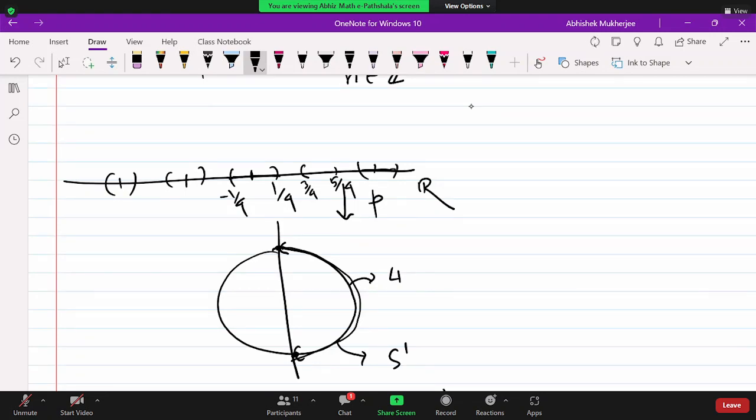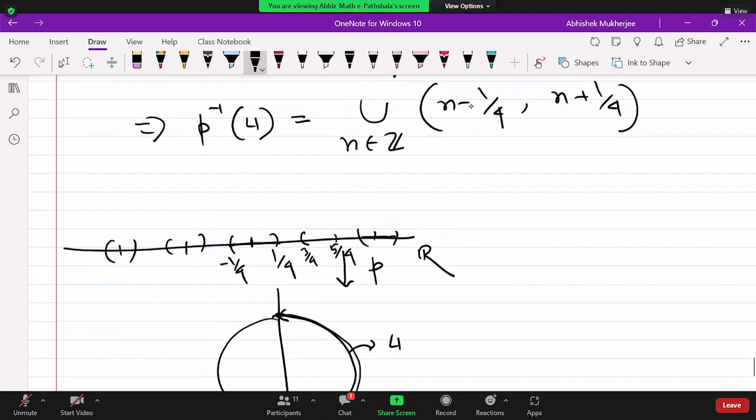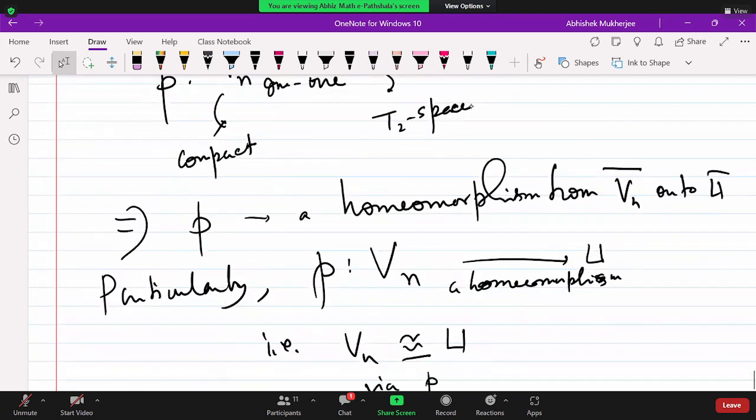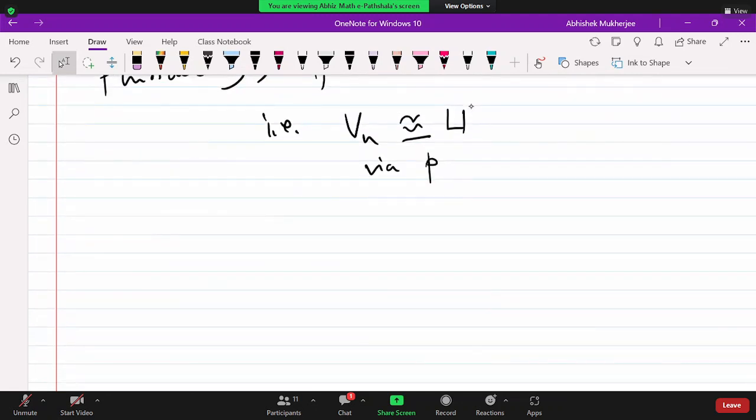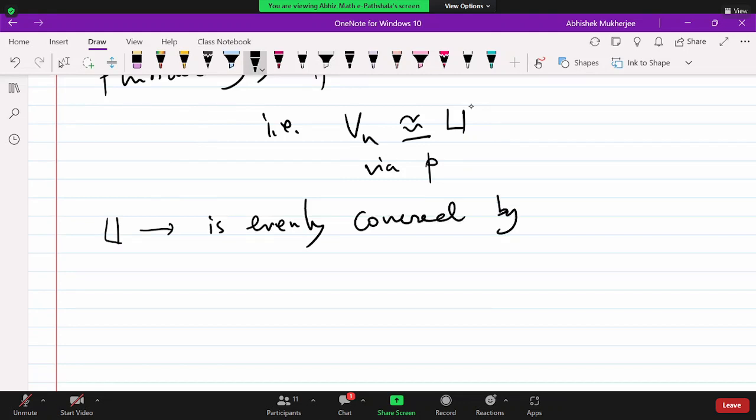And not only that, P inverse of U is the union of these open intervals. So we say that this kind of U is defined to be evenly covered by P.